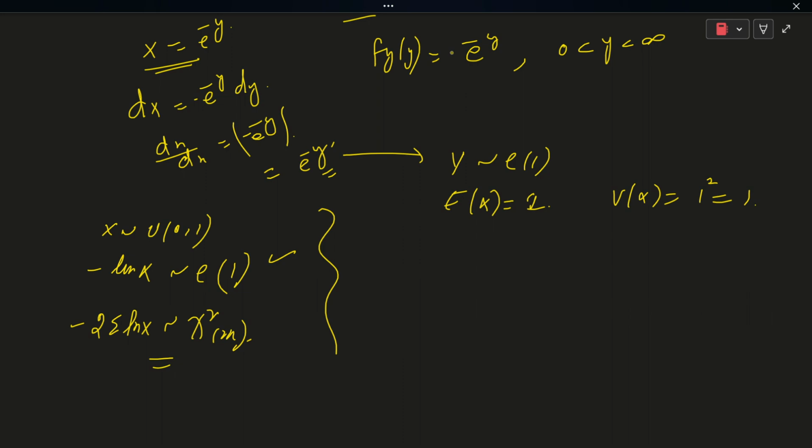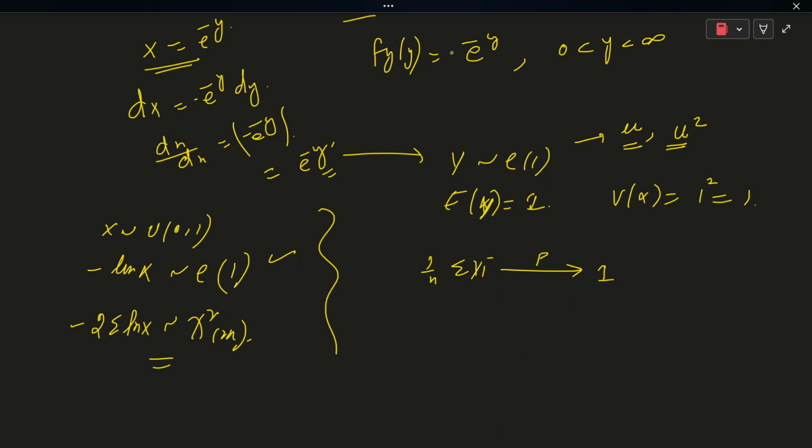As you know from the continuous distributions, for the exponential distribution, mean is mu and variance is mu squared. So it means that 1 upon n summation yi will also converge to 1 in probability.